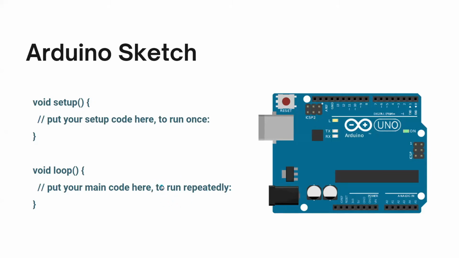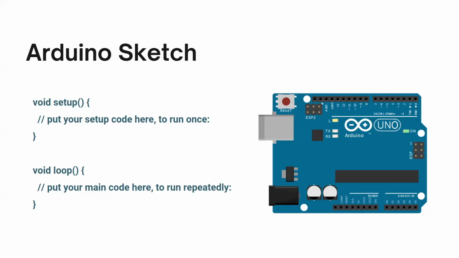Let me give an example. If I want to turn on an LED, it should stay on until I specifically want to turn it off. So in void setup, I tell the board there is an LED. That needs to be written in the setup part itself. I don't need to tell the board again and again that it is an LED.